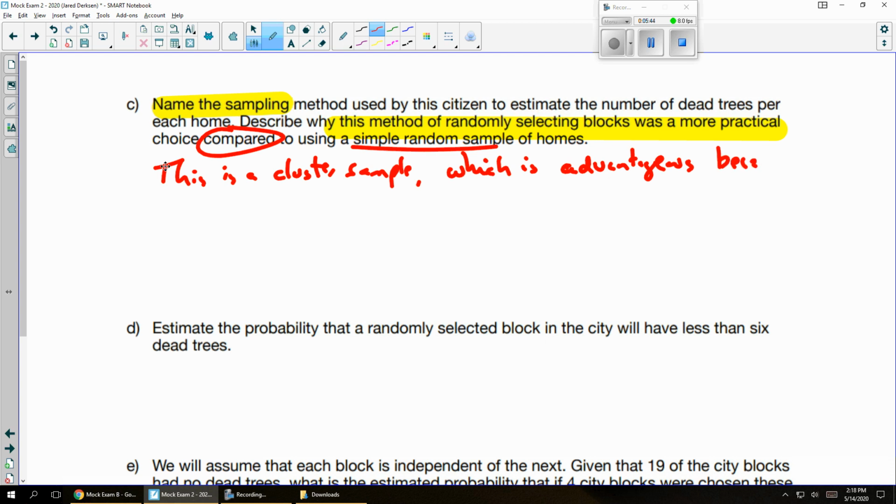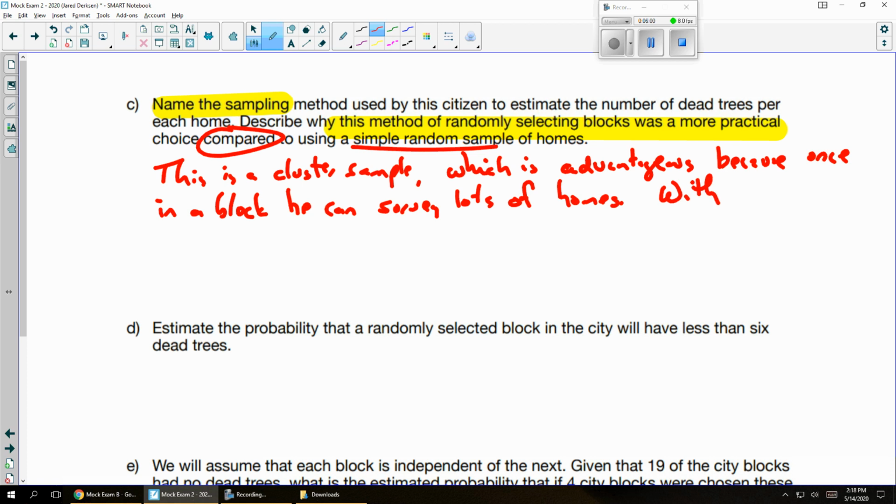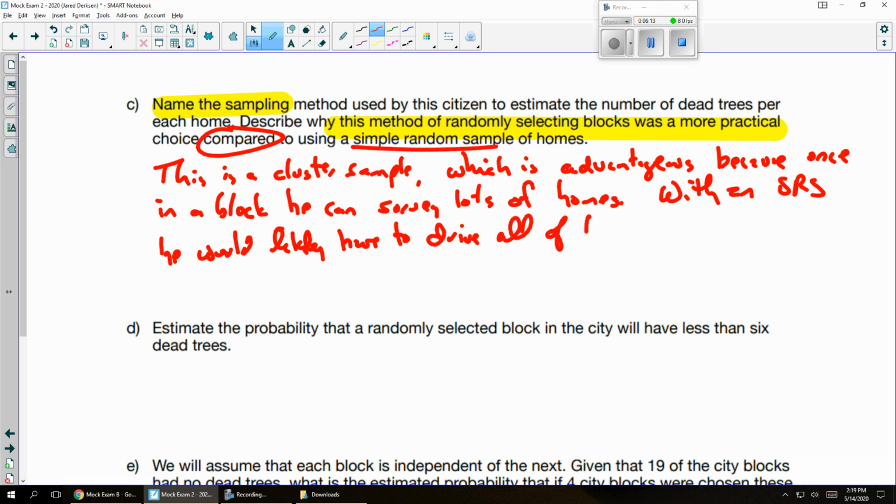Advantageous because once in a block, he can survey lots of homes. With an SRS, he would likely have to drive all over the city.